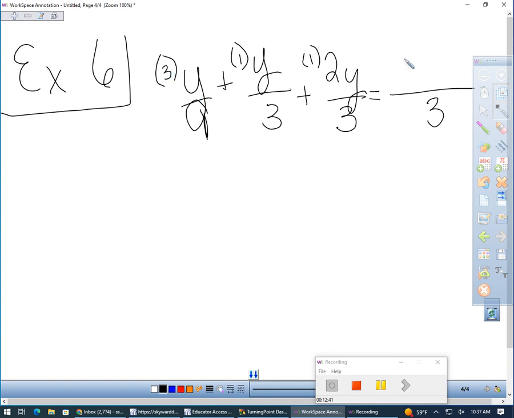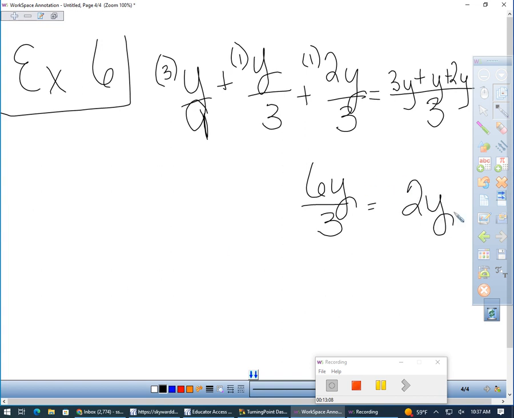So I have 3y plus 1y plus 2y. 3y plus 1y is 4y, plus 2y is 6y over 3. Yes, we can reduce that to 2y. And we don't have to put it over 1 because 1's going to be there no matter what, right? We can just write 2y.